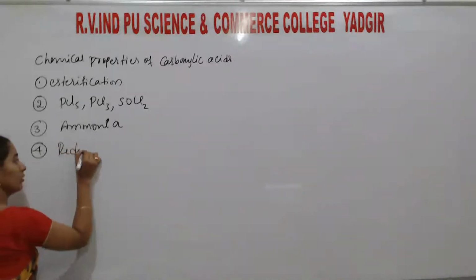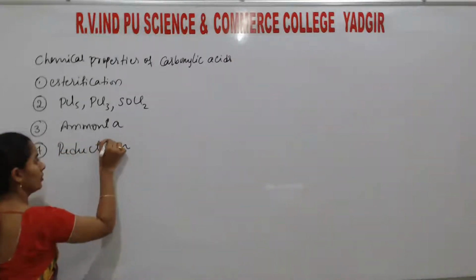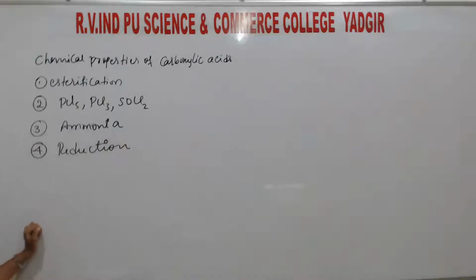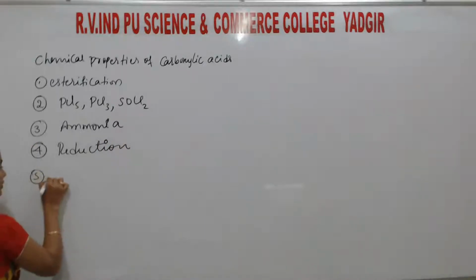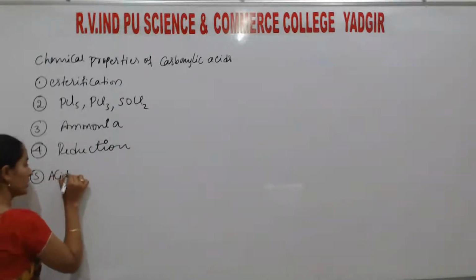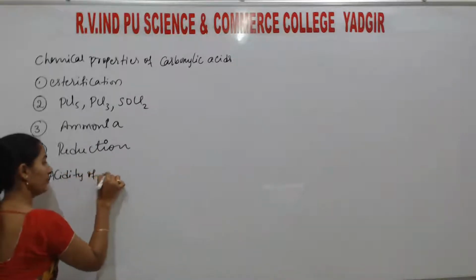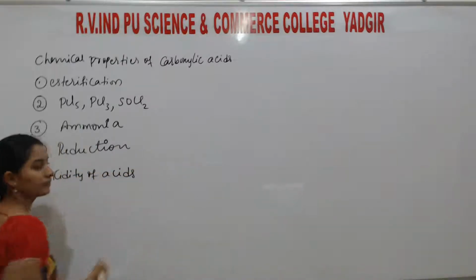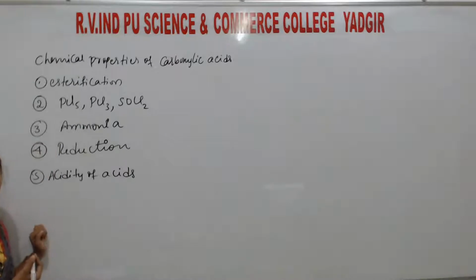Fourth one is reduction. And the fifth one, acidity of acids, or acidic character of acids. Okay, and the next one.